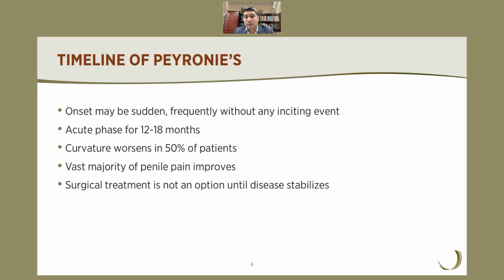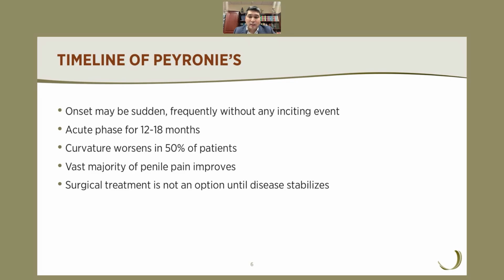In patients who experience penile pain, the vast majority of that pain improves spontaneously, even if we were to not treat the pain. As the inflammation from that scar tissue improves, as the disease stabilizes out, that pain will disappear.